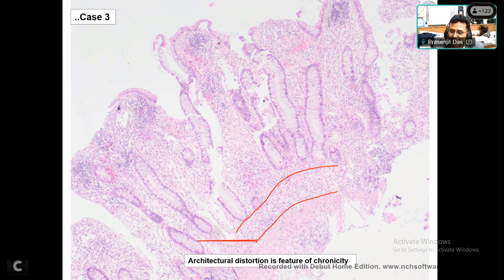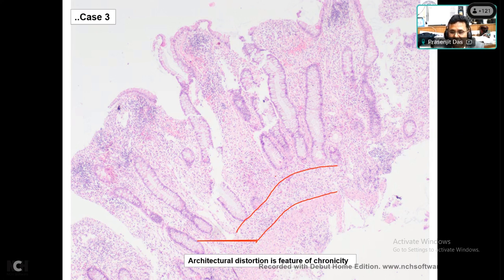So where do you see basal plasmacytosis? Any idea? In IBD, usually. In IBD you can see. But I told you this is an ileocecal biopsy. You are correct, I appreciate that. But is there any clue?